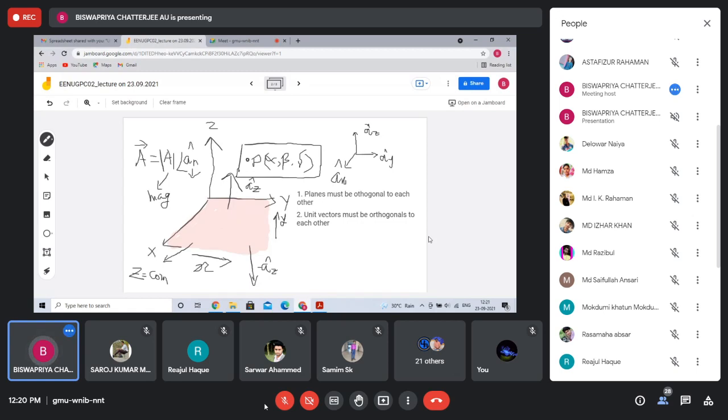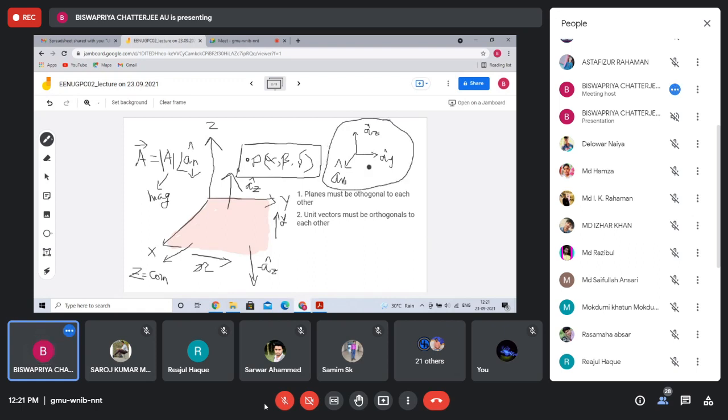Having said that, I express my grievance about not being able to make you understand how the remaining two vectors are orthogonal, but I believe you can understand these three unit vectors are orthogonal.